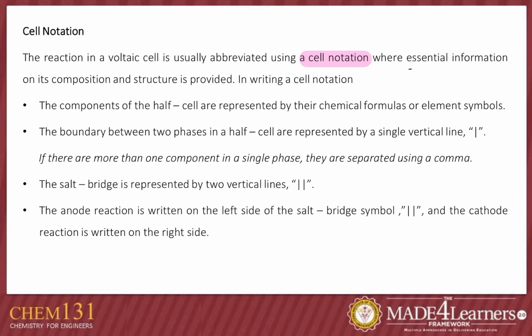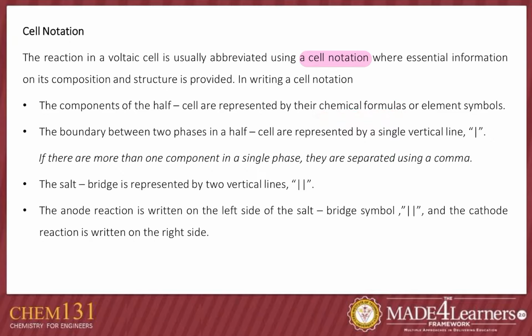This cell notation contains essential information on the composition of the voltaic cell, and the structure is already provided. In writing a cell notation, the components of the half cell are represented by their chemical formulas or element symbols.